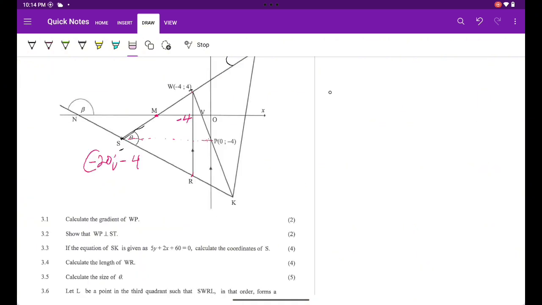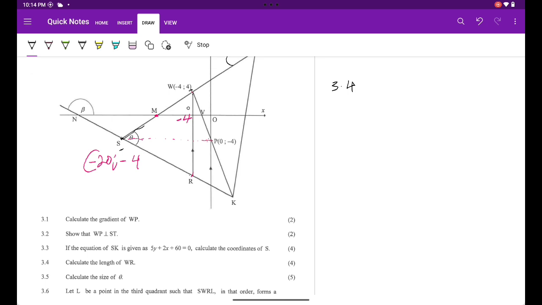Let us look at question 3.4. Now, it reads that calculate the length of WR. Now, remember they said that WR is parallel to the y-axis.